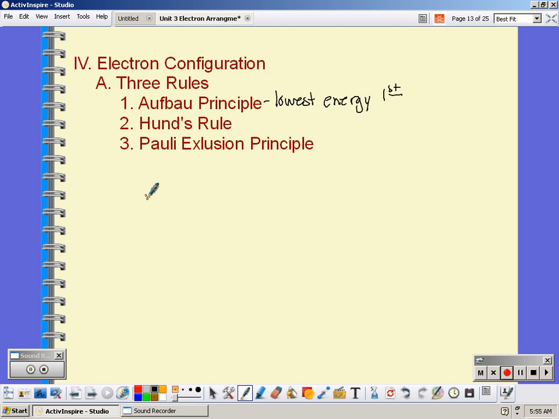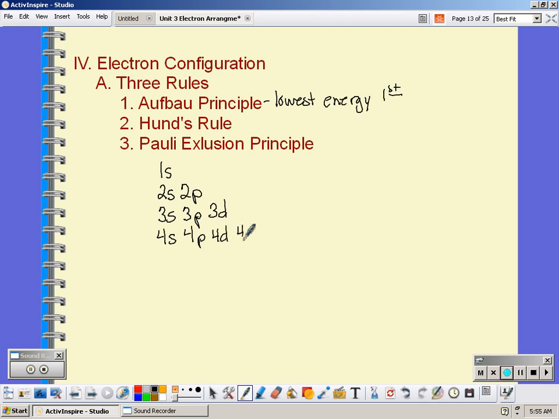So the first energy level has 1 sublevel, s. The second energy level has 2 sublevels, the s and the p. The third energy level has 3 sublevels, s, p, and d. The fourth energy level has 4 sublevels, s, p, d, and f.